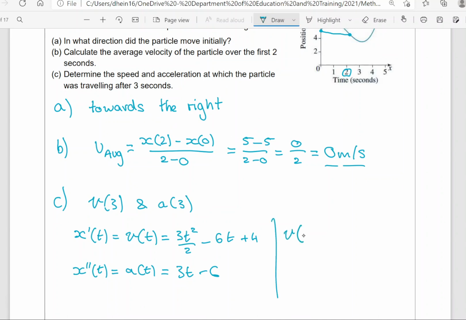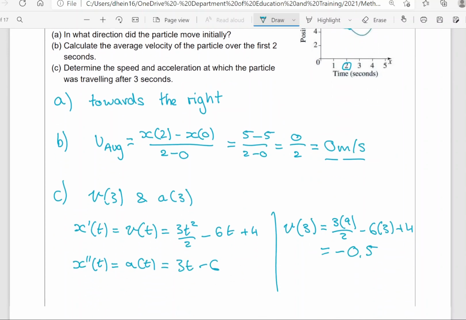So we can see that v of 3 is going to be 3 times 9 on 2 minus 6 times 3 plus 4. Well, that's going to give us 27 on 2 minus 18 plus 4. I'm going to have to use a calculator for this one. That gives us negative 0.5.